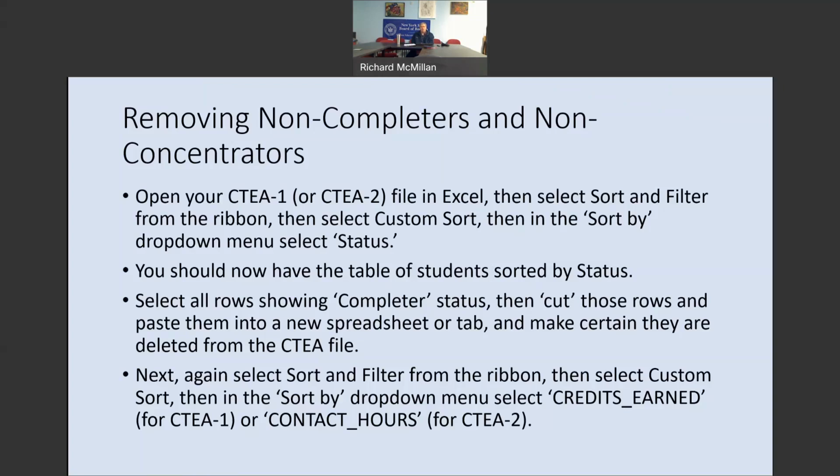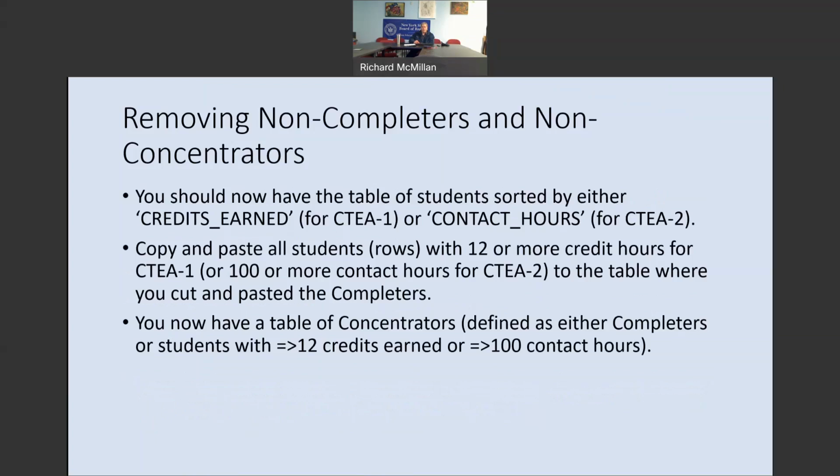Next, again, select Sort and Filter from the ribbon, then select Custom Sort. Then in the Sort By drop-down menu, select Credits Earned for CTEA 1 or Contact Hours for CTEA 2. You should now have the table of students sorted by either credits earned for CTEA 1 or contact hours for CTEA 2.